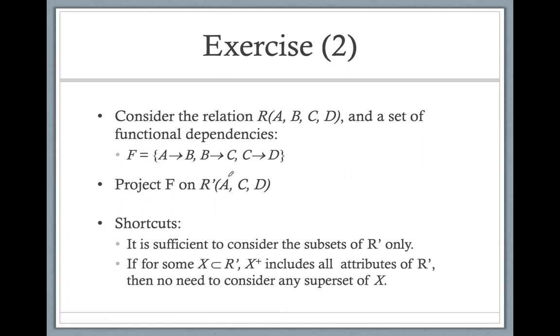So only things that involve the new table. Anything that involves any other attribute would not be relevant anyway. So here I should consider only A, and then C and D, and then AC, AD, and CD. I don't need to consider things that involve B at all, because they will not be relevant anyway.